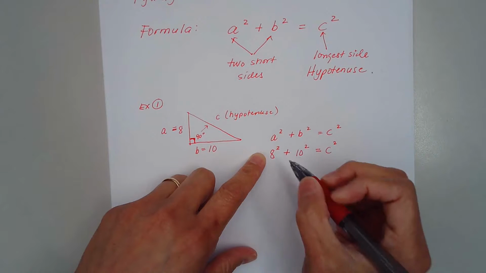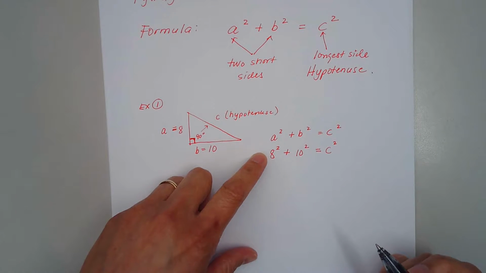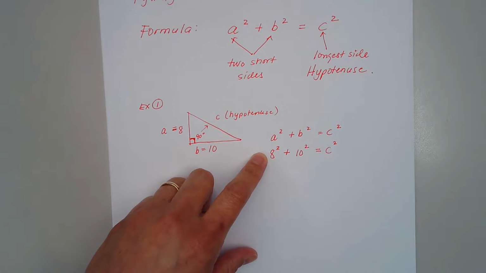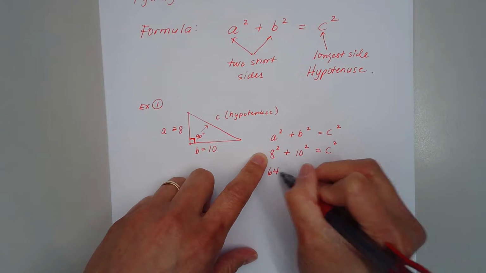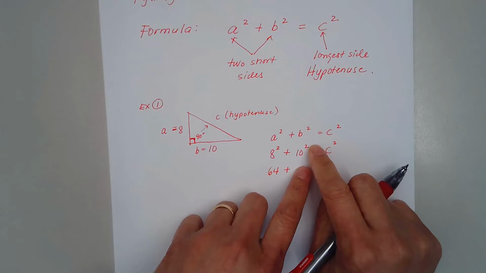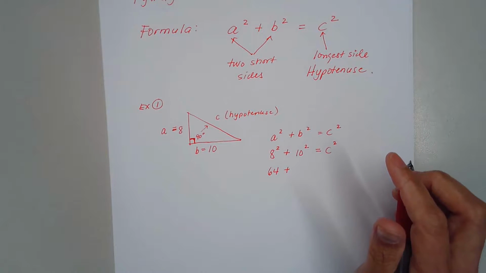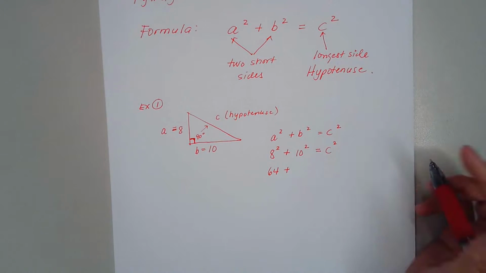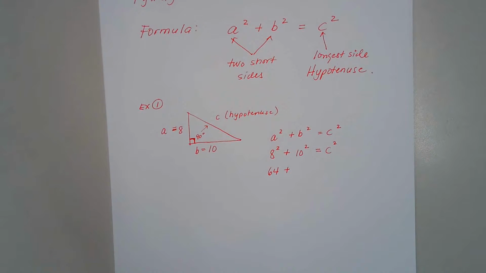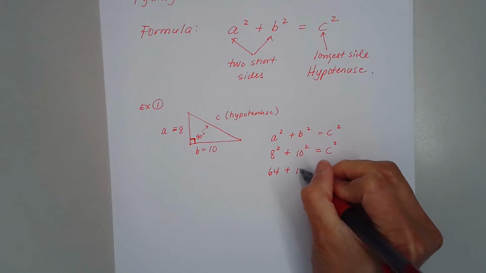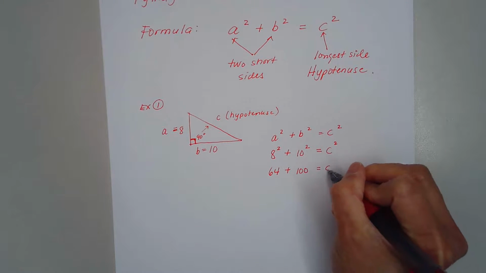What's 8 squared? Try it on your calculator. 8 squared. 64. Yes, okay. Plus, what's 10 squared? 100. So 10 squared means 10 times 10, which is 100, equals c squared.